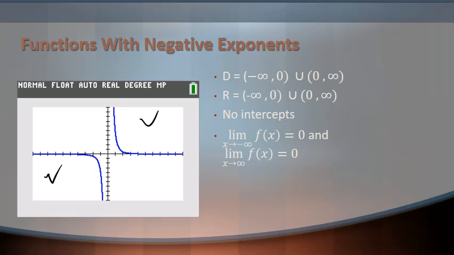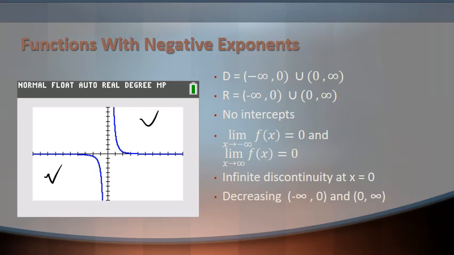Our limit is, as x is moving from negative infinity, we have a limit where f of x is equal to 0. And as x is moving to infinity, we have a limit where f of x is equal again to 0. We've got infinite discontinuity where x is equal to 0. And on this particular function, we see a little difference in our increasing and decreasing.